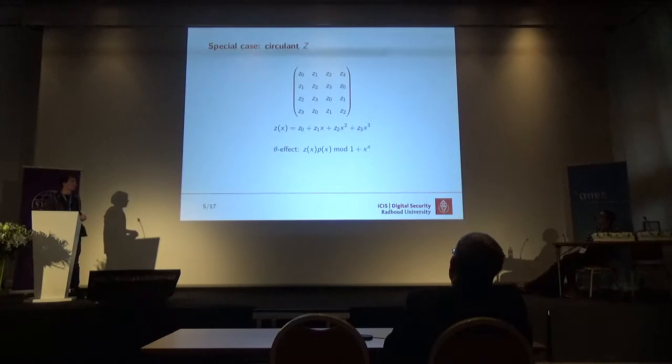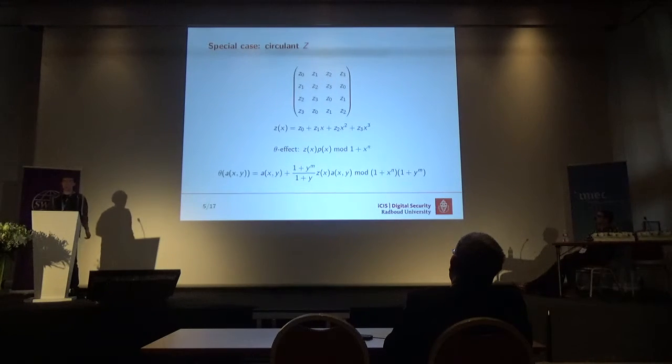So the computation of the theta effect given the parity polynomial corresponds to a polynomial multiplication modulo 1 plus x to the n. And then we use this to give a full description for the column parity mixer, where the state is now seen as a bivariate polynomial.